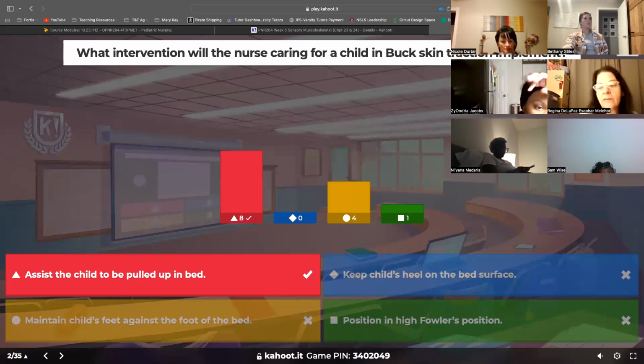What intervention will the nurse caring for a child in Buck's skin traction implement? And that's making sure that they're pulled up in bed.